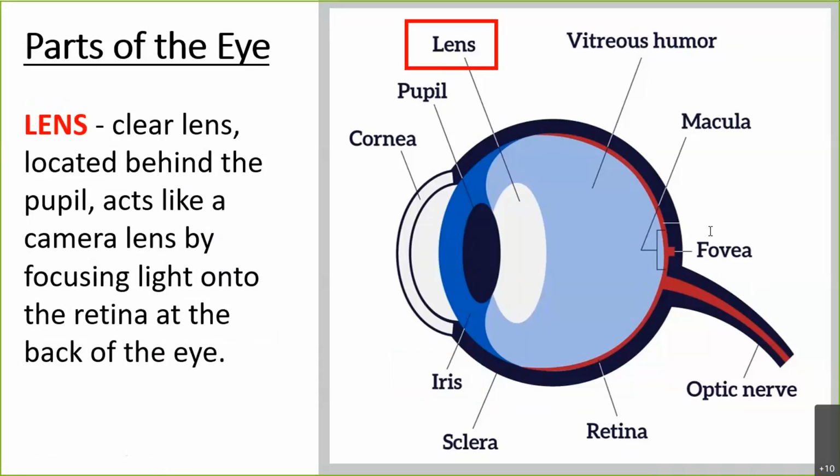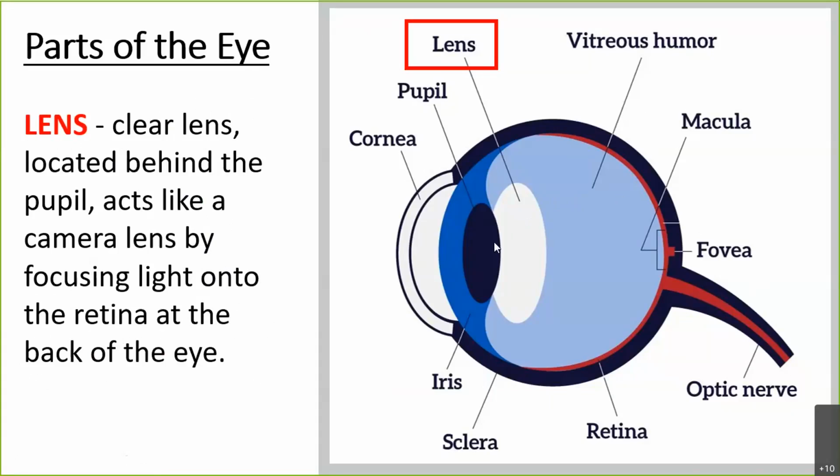Once the light hits the lens, it acts sort of like a camera lens by focusing light onto the retina at the back of the eye. So what do you know about what light does to lenses? What happens when light passes through a lens? It refracts. Exactly. It refracts, it bends.